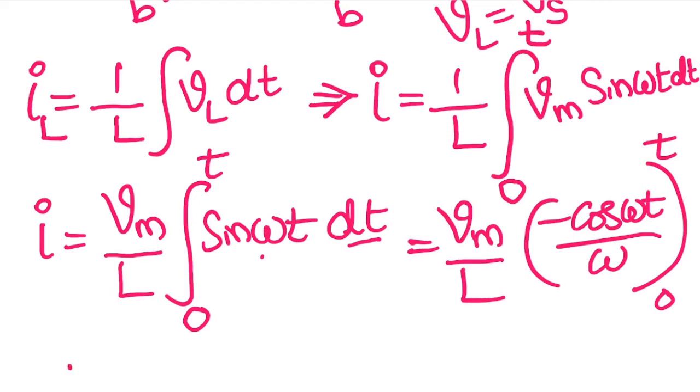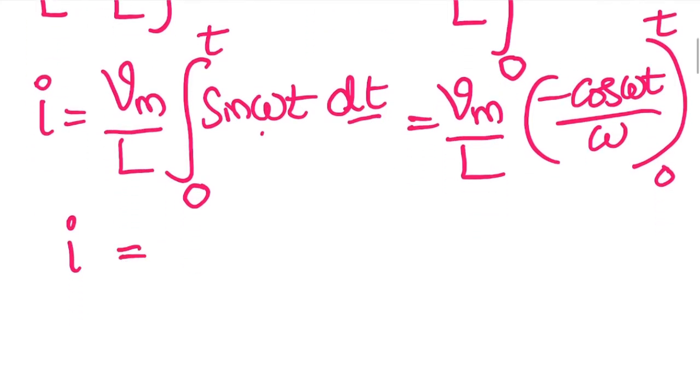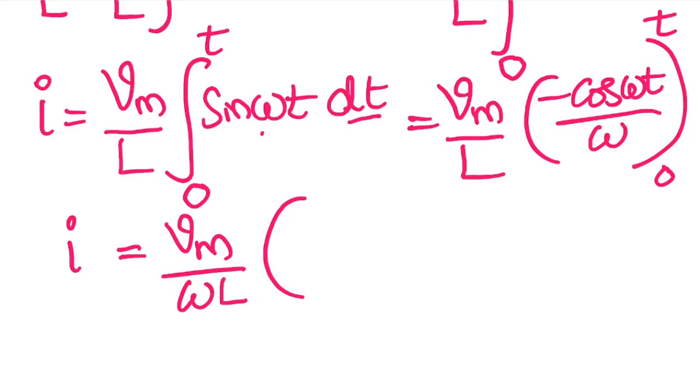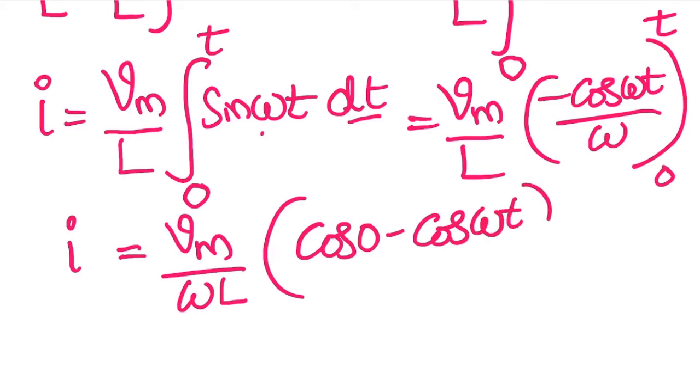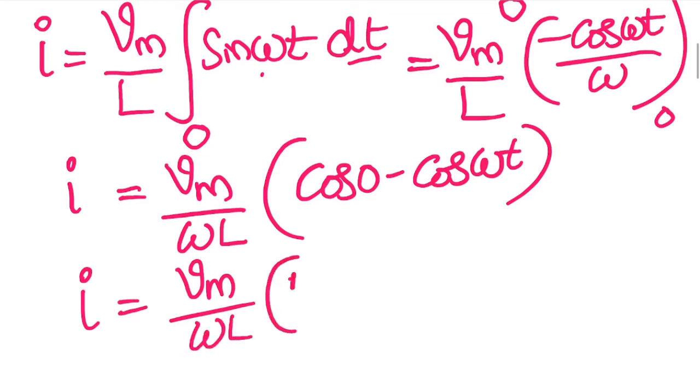So I is equal to Vm by omega L times cos 0 minus cos omega t.